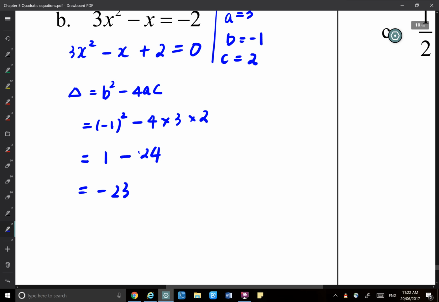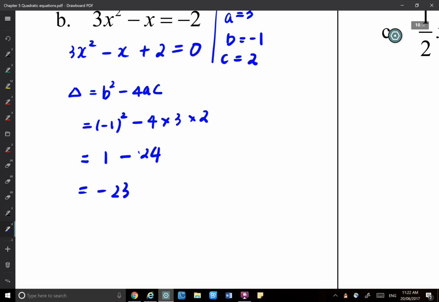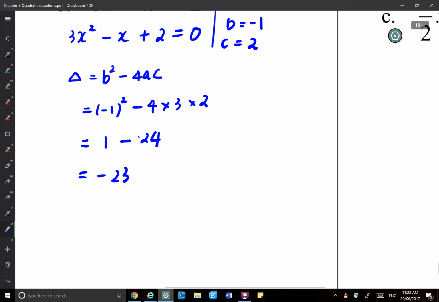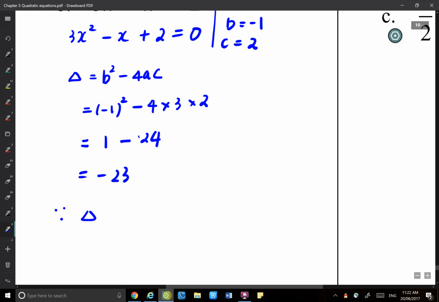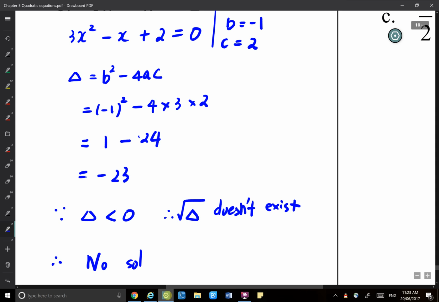Will there be solution or not, or how many solutions are there? No solutions. Because discriminant less than 0. So square root of discriminant does not exist. So no solution. No solution for this question.